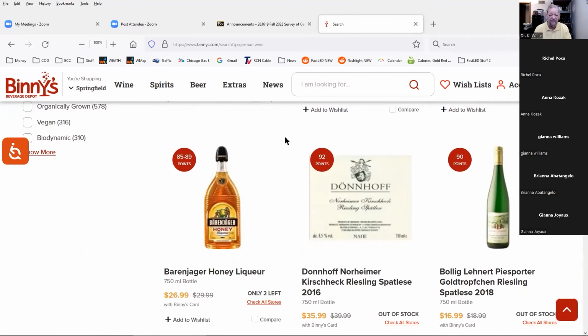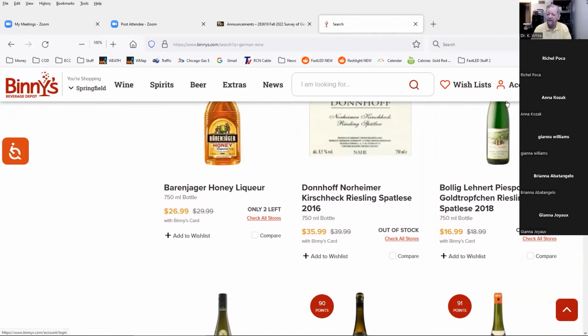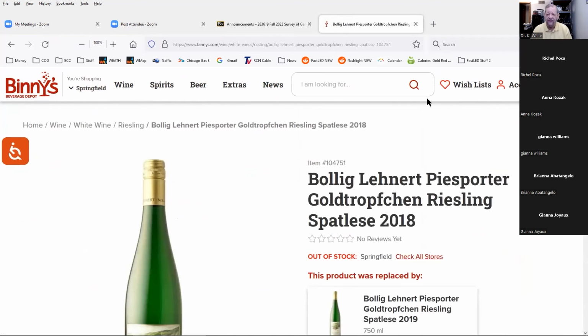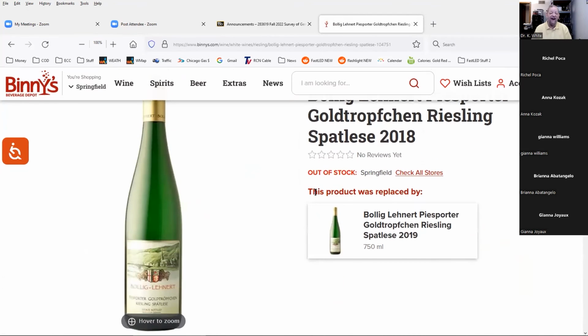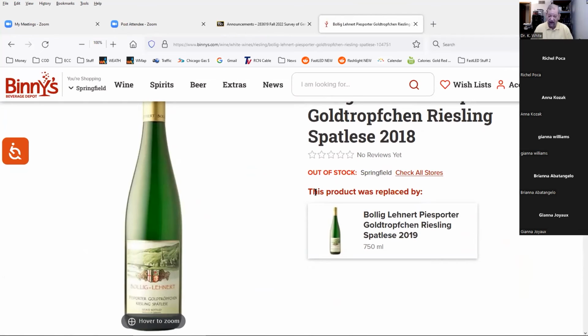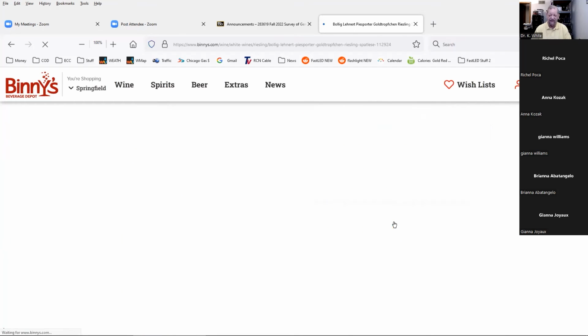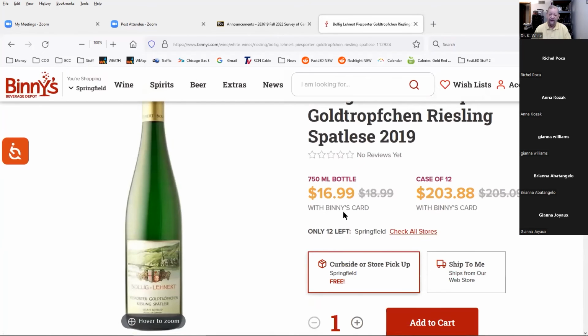Hang in there 1 second. All right, everybody see the Piesporter Goldtröpfchen, Riesling Spätlese? Having worked for a Dutch company, 2 of them actually, that both had major research and production facilities and plants in Germany, I was in Germany a lot.